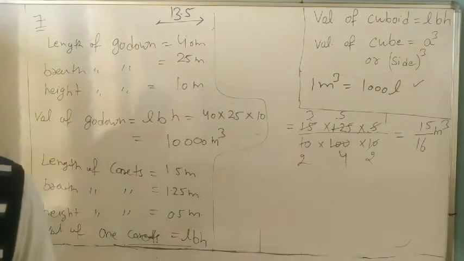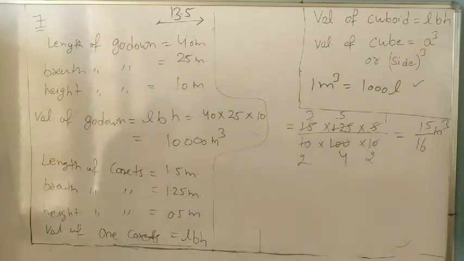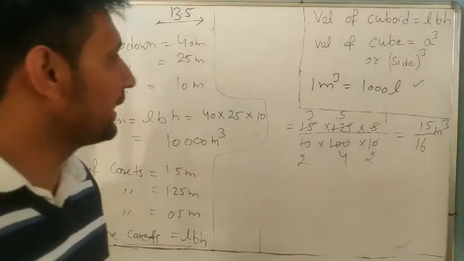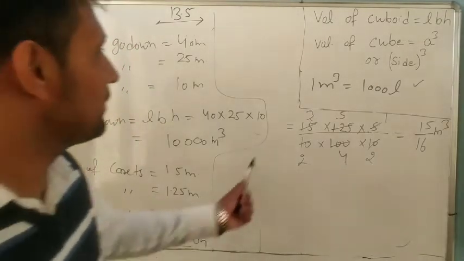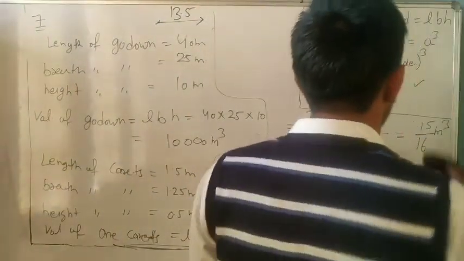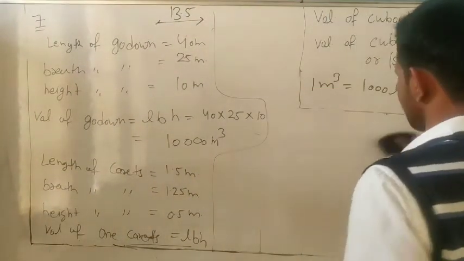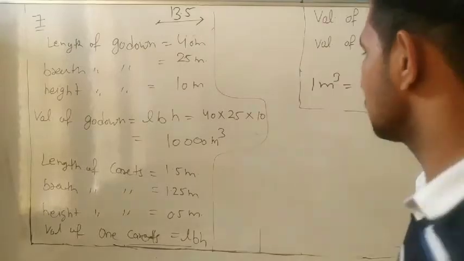The measure of one carat is 15 by 16. Otherwise you can multiply everything and divide, and you can write it like this also.